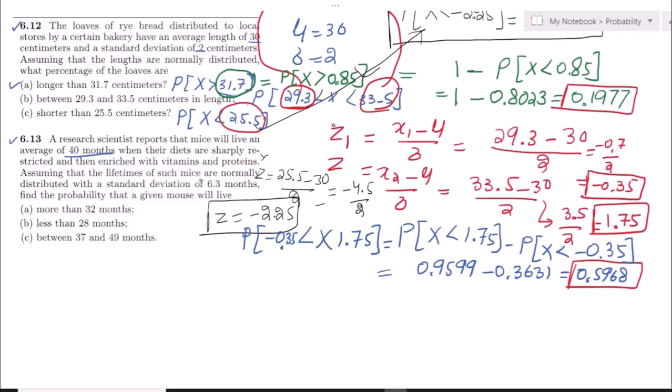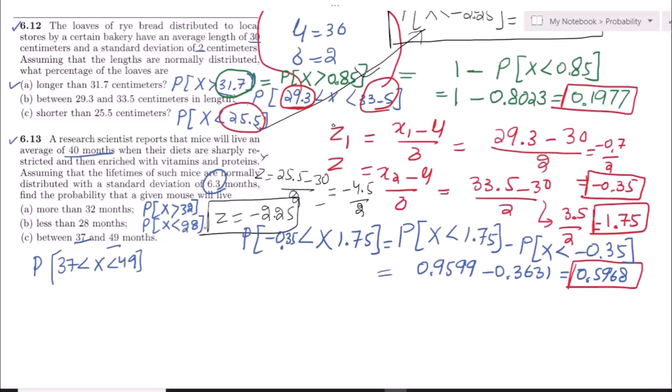Assuming that the lifetimes of such mice are normally distributed with a standard deviation of 6.3, sigma is also given. Find the probability that a given mouse will live more than 32 months, meaning the probability that x is greater than 32; less than 28 months, meaning the probability that x is less than 28; and between 37 and 49 months, meaning x is greater than 37 and less than 49.